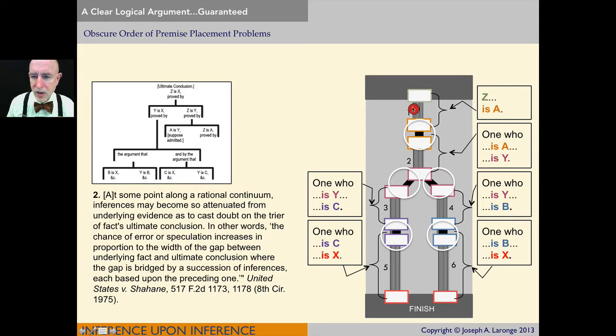So the gap they're talking about is right here. And so the court here is saying, the more inferences, 1, 2, 3, the more you have, the more uncertain the acceptance should be of the conclusion.